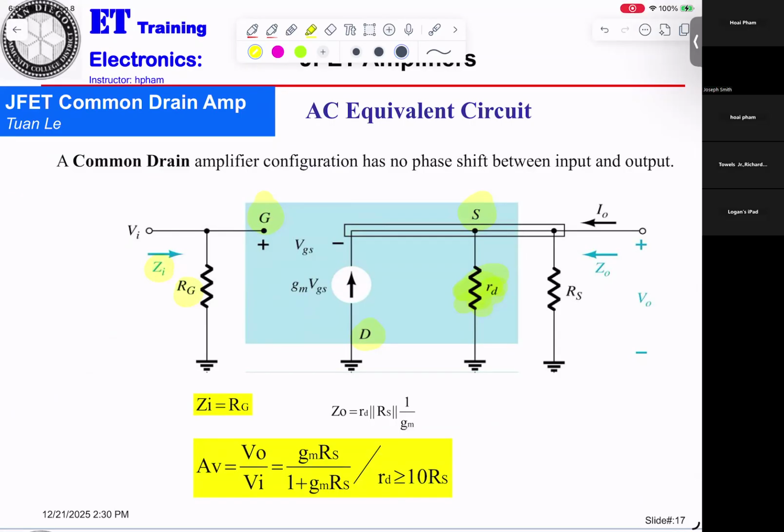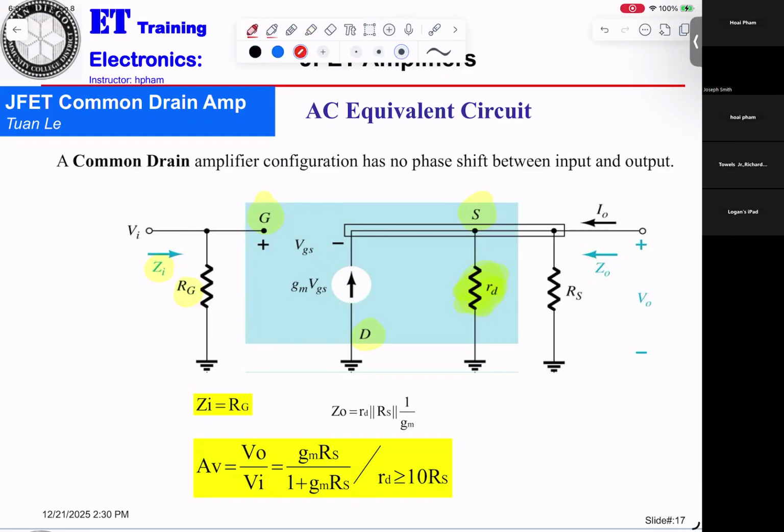And if you want the output impedance, it will be RD parallel RS, but we're not using RD anymore, so RS parallel 1 over GM. And this is the gain for common drain: GM times RS divided by 1 plus GM times RS.